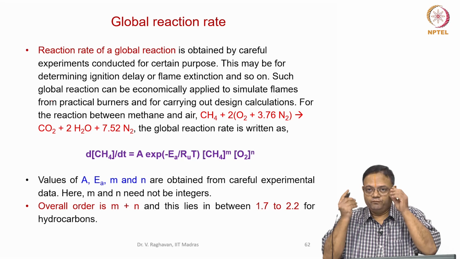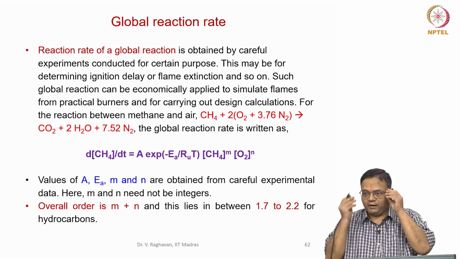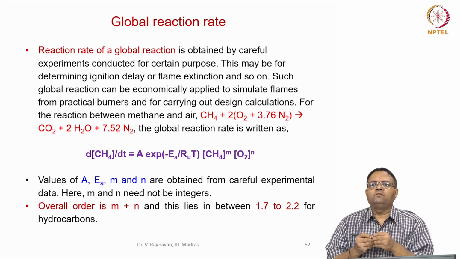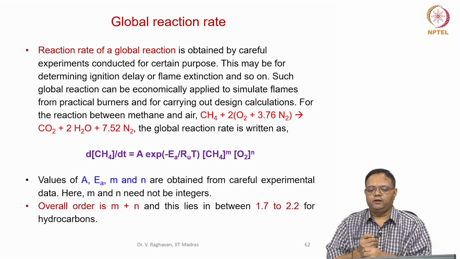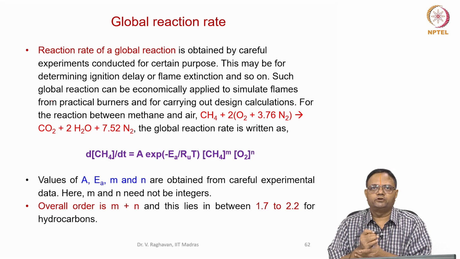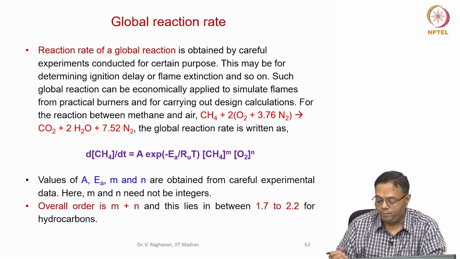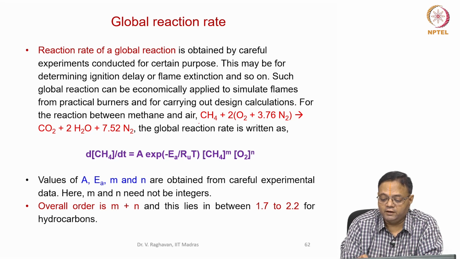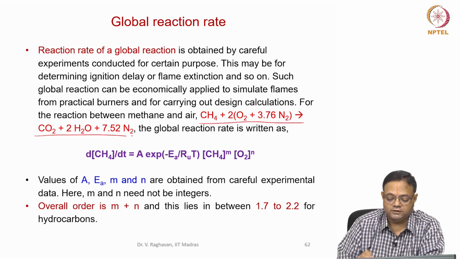Okay, now we have seen so far the elementary reaction rates, where the reverse reaction is there. Again, experiments have to be done to find the rate coefficient. Now, let us consider the global reaction rate, in which let us consider the methane reaction itself.